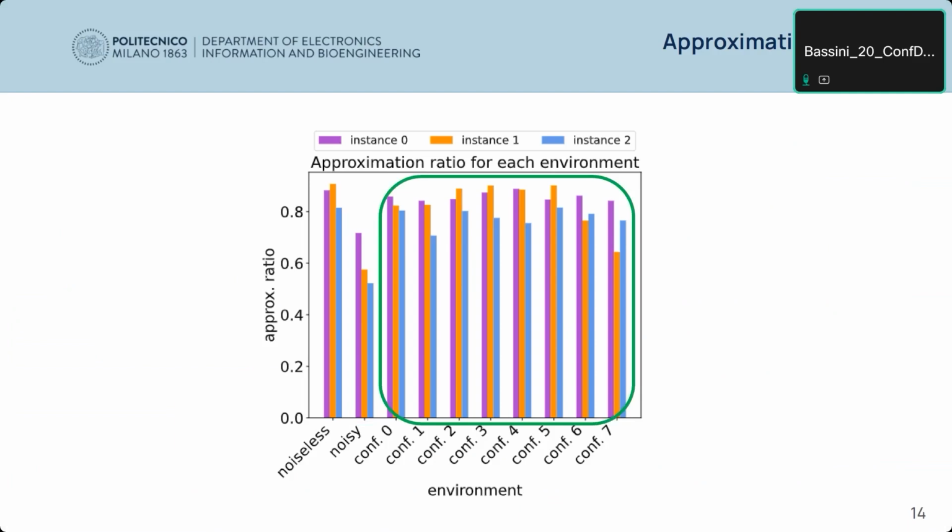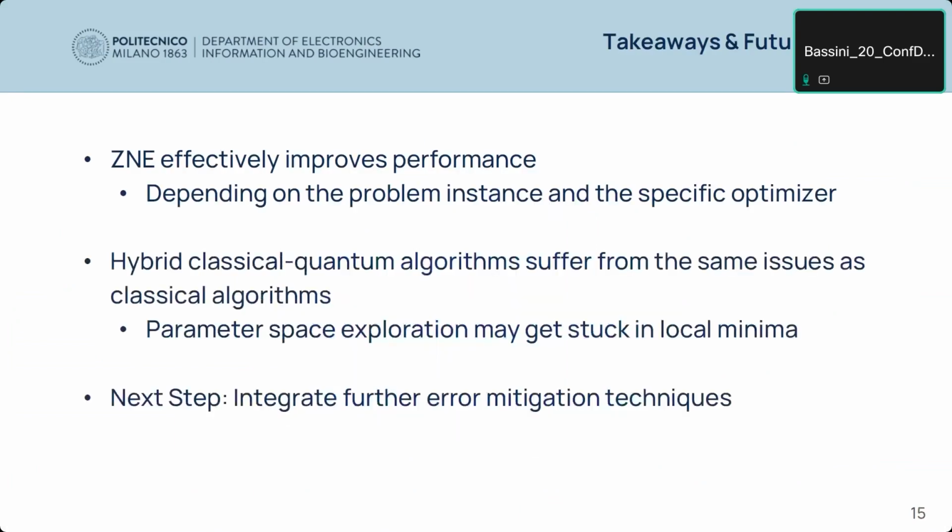So great, it works. And also what we can notice is that even though we change the configuration of the ZNE, so we change the hyperparameters of the error mitigation, we don't get a best winning configuration, which means that it is really dependent on the instance of the problem. So there is no best performing configuration.